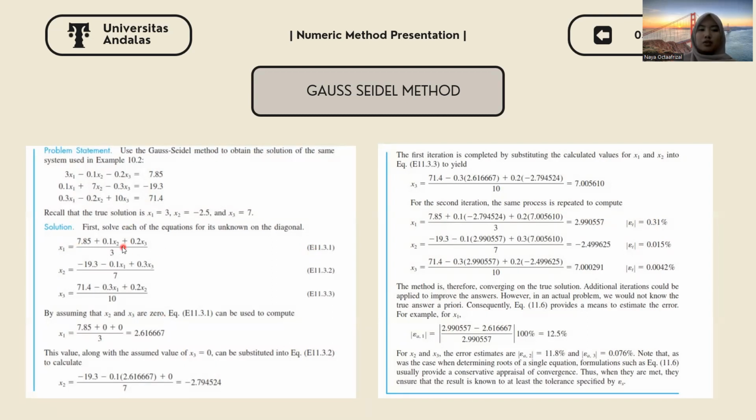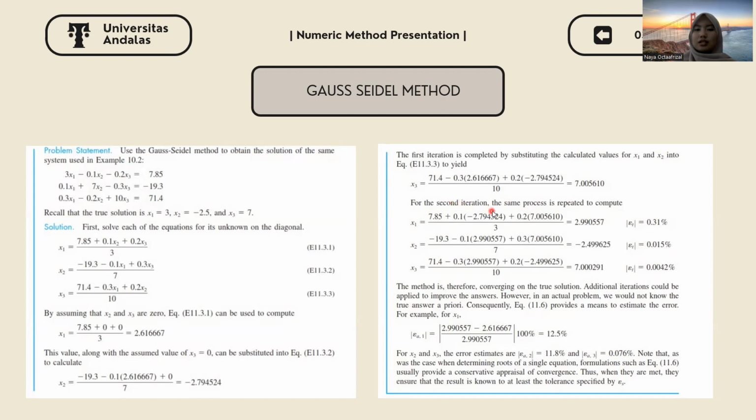We assume the x2 is 0 and x3 is 0, so we get the x1 here. And then we substitute the value of x1, 0.6, into the other equation, and then we can get the x2 and the x3.